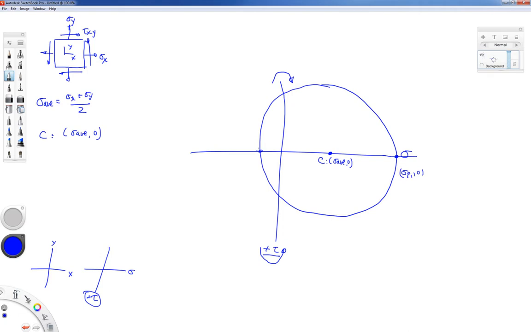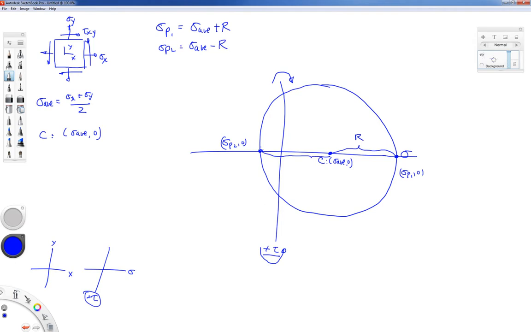Over on the left side, this would be my point sigma p2, comma 0. And by looking at this, if I know the radius of the circle, and we'll talk about how to get that in a minute, the value of sigma p1 will be equal to the average plus the radius, and the value of sigma p2 will be equal to the average minus the radius.